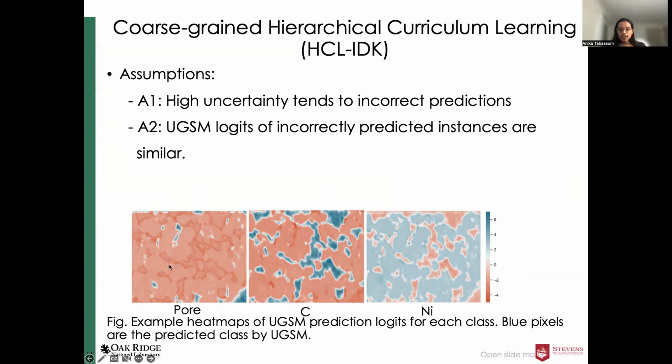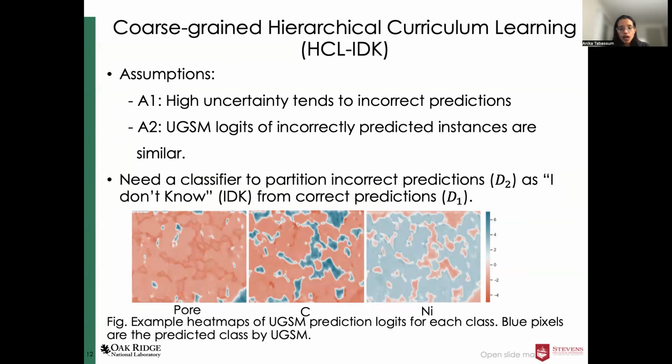This leads us to a second assumption, that the average prediction probability of the global model for incorrectly predicted pixels bears similar weight. Now, to automatically enable the HCL coarse-grained curriculum learning strategy, which can partition the pixels based on the two assumptions, we aim to build a binary classifier that can classify the incorrectly predicted pixels as an I don't know class.